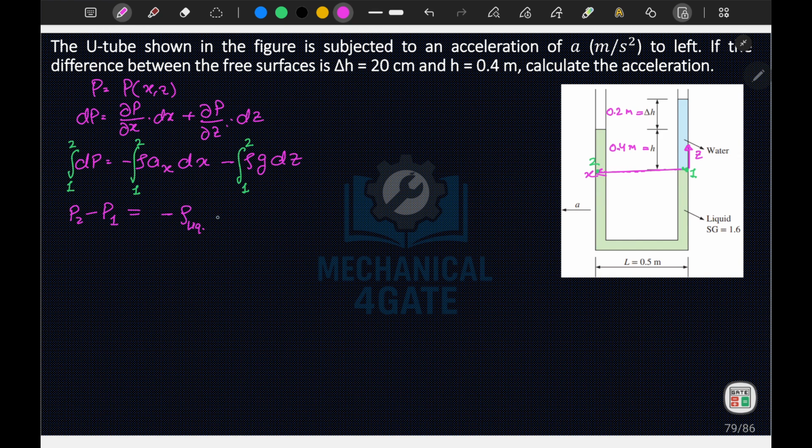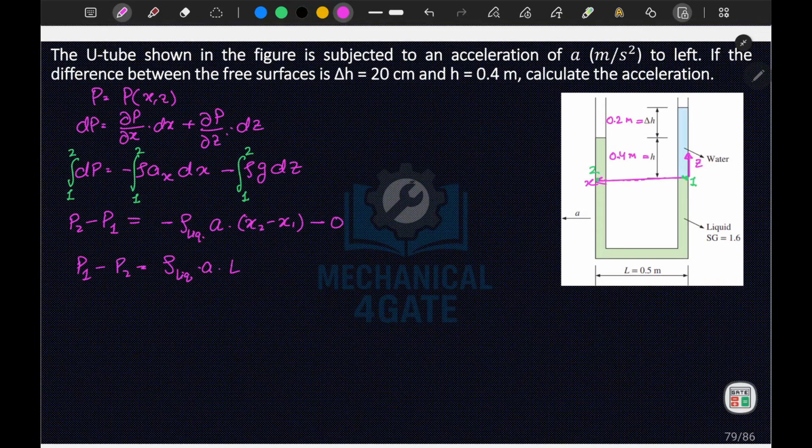Now ax is equal to a, times x2 minus x1, minus, so this term will become 0 because there is no change in the height. So from here we obtained P1 minus P2 is equal to rho liquid times a times L.